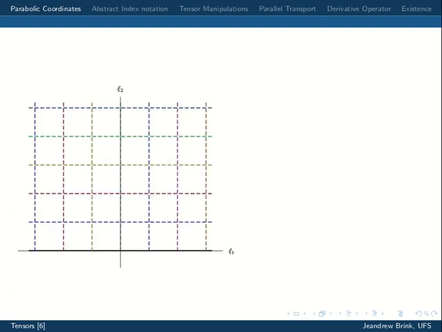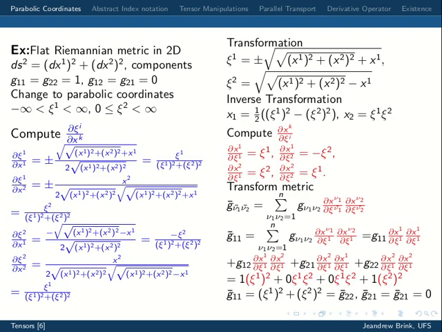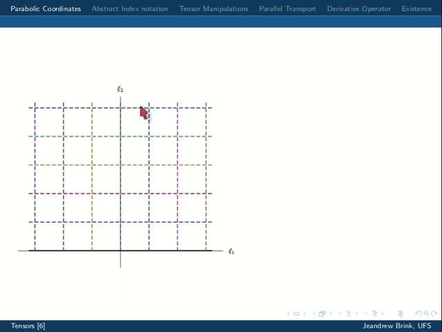Okay, so if you actually wanted to look at the coordinates, remember I said this is why it's plus: C1 goes from minus infinity to infinity, and C2 goes from 0 to infinity, so that's why it's just plus. And if we actually wanted to look at what the coordinates did, if we look at a grid where C2 goes from 0 to infinity, and C1 goes from minus infinity to infinity, you can see these lines are colored.